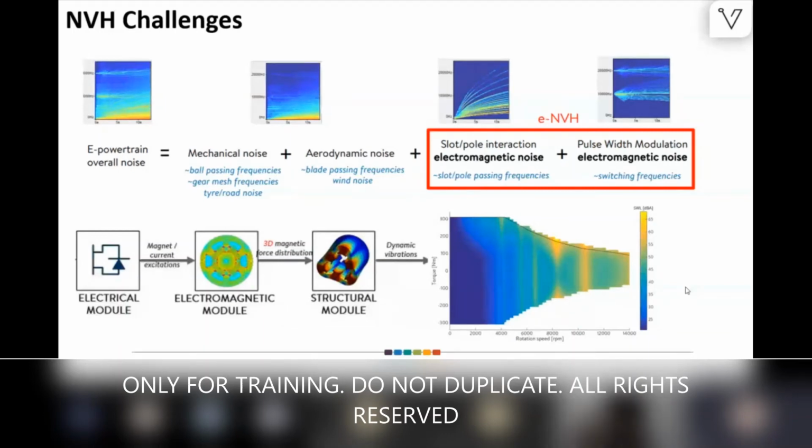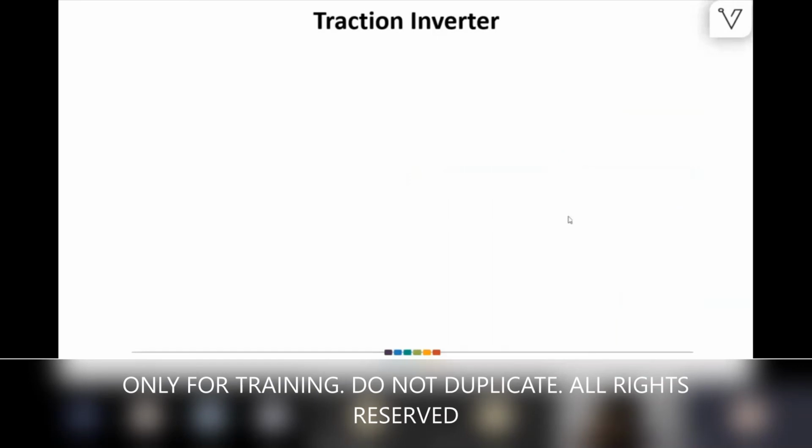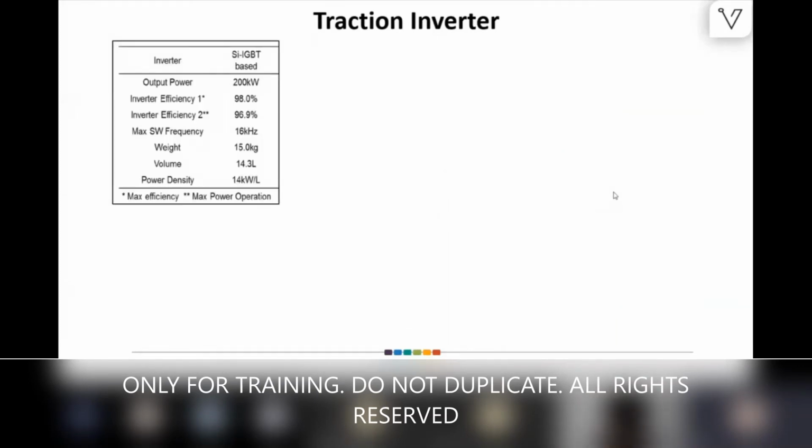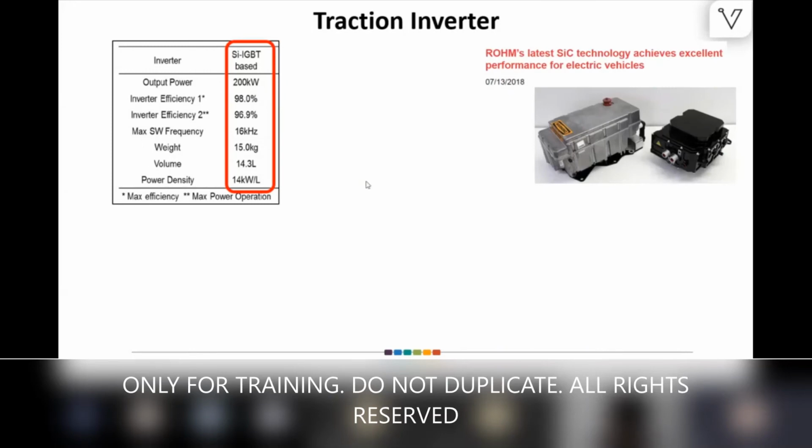So coming to the inverter, we have covered these two, gearing and machine. Now for the inverter, the parameters are almost the same: efficiency and switching frequency. The higher the switching frequency, the better, because we can eliminate some harmonics, but it also increases losses. There is a technology called silicon carbide, for the switches.